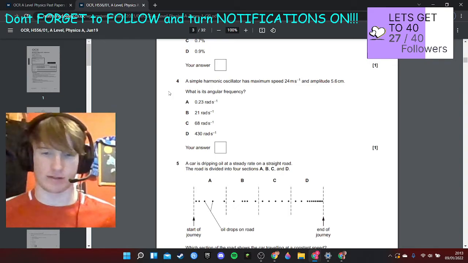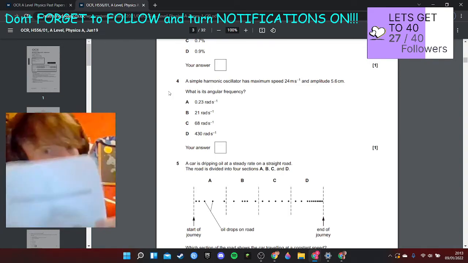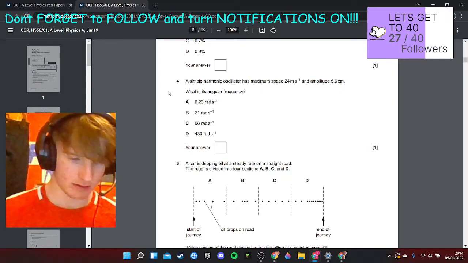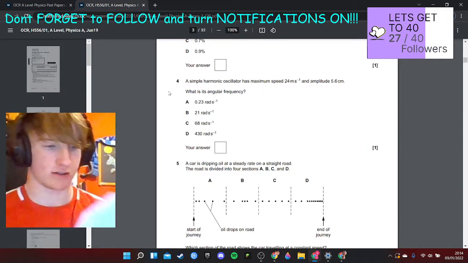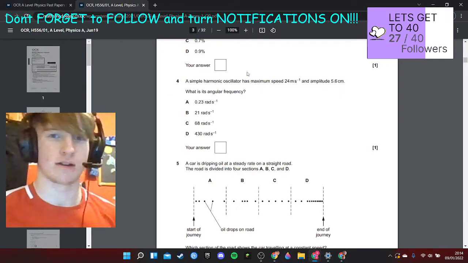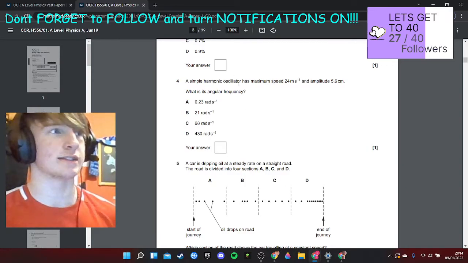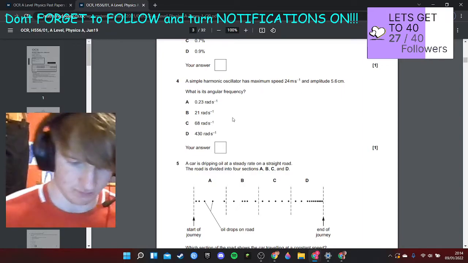Angular frequency. If we look at the data sheet on the circular motion part, we see that it's looking for the angular frequency, as seen by my mouse. So we'll look at that.